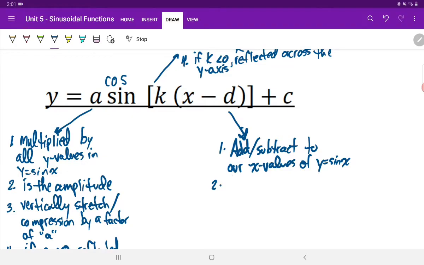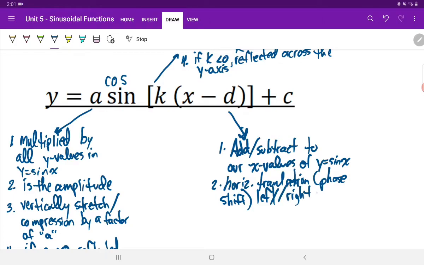Well, first off, let's state what this is. This mathematically is called the horizontal translation, or phase shift, left and right. Okay?